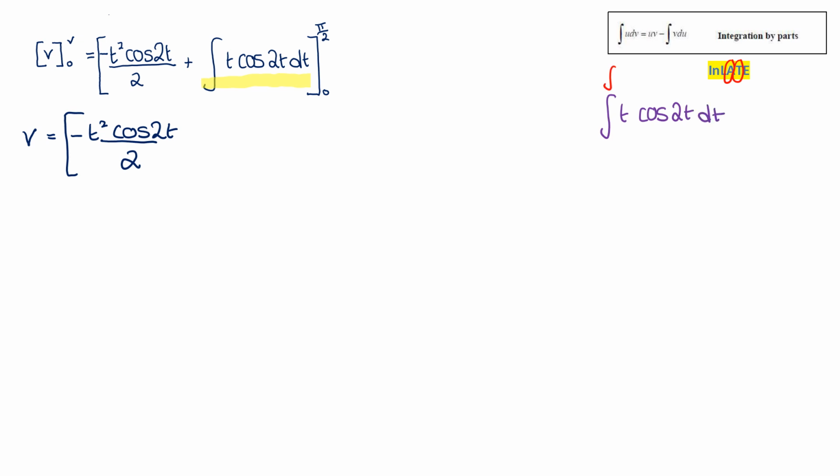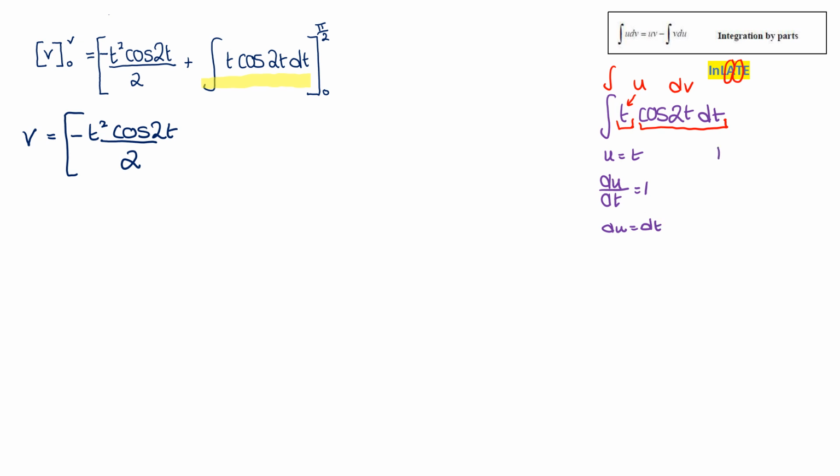This is the integral of u dv. U is my t. My dv, I don't really have enough space to draw an arrow, but we'll just underline the whole thing. That is our dv. So we have u equals t, meaning du/dt equals 1, so du equals dt.